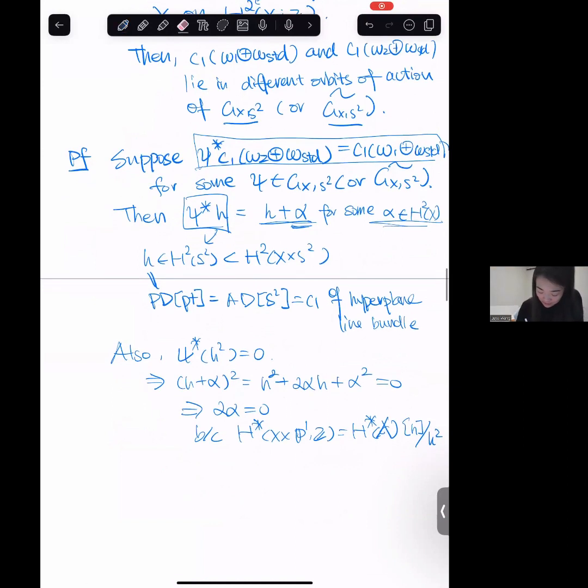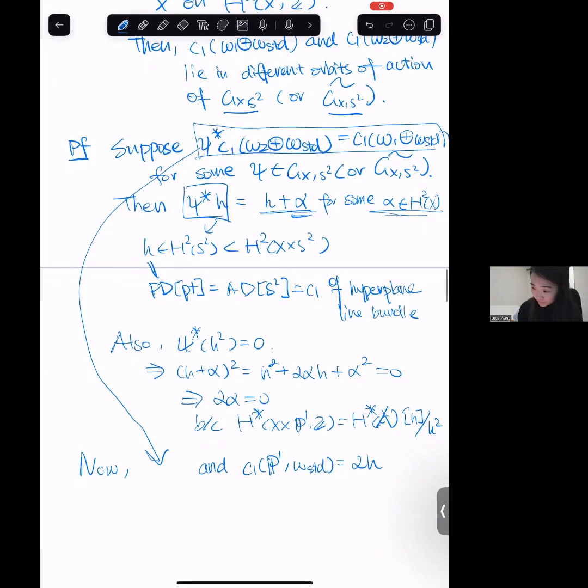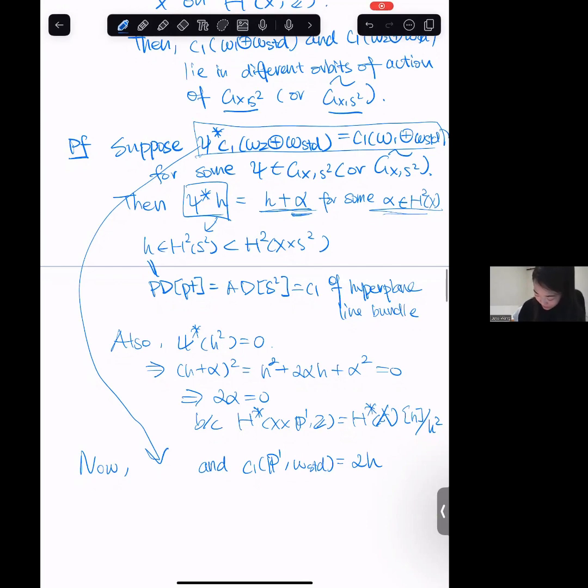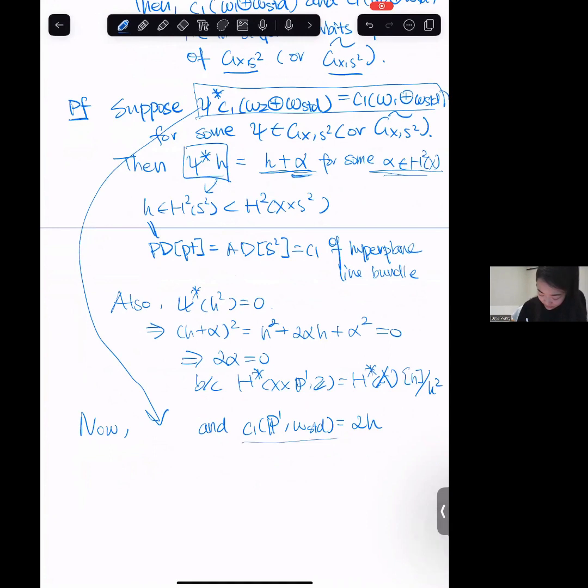So now, together with this formula and the fact that C1 of P1 is 2H, this is just a computation you can do with P1. This gives us, on the one side, C1 of the product, so it's C1 omega 1 plus 2H.